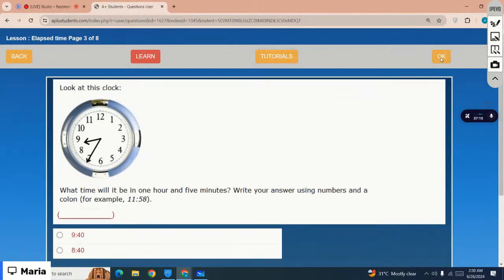Look at this clock. What time will it be in 1 hour and 5 minutes? So which is the correct option?